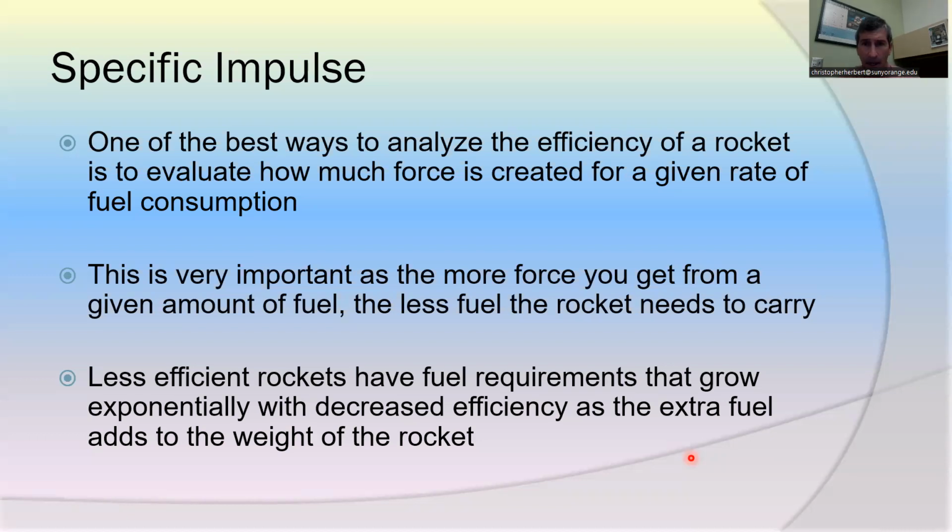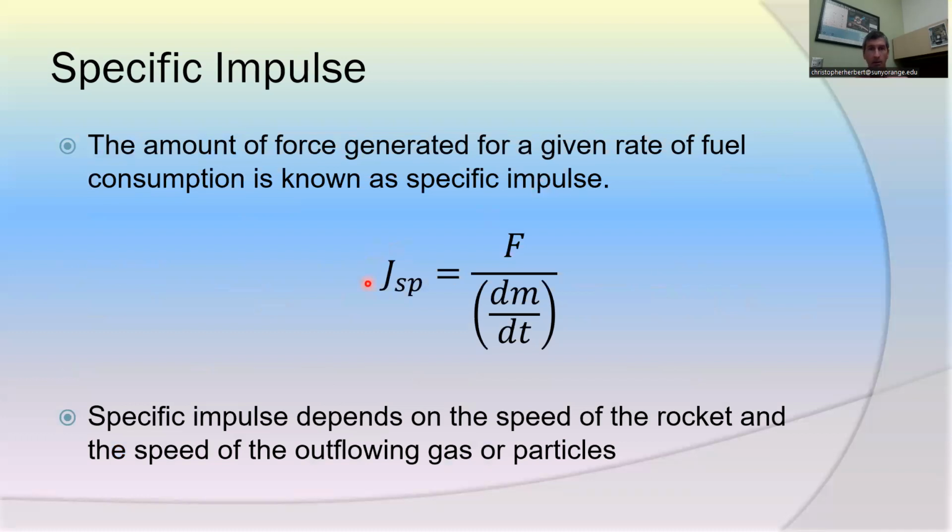Okay, let's look at something else, which is somewhat related. It's called specific impulse, and it's a way to analyze the efficiency of the rocket engine. Instead of looking at these orbits in terms of delta V, this looks at how much thrust we can get, okay, how much force we can get for a particular amount of fuel that's burned. So when we look at specific impulse, which is written as J, remember J was our impulse, we use the subscript SP.